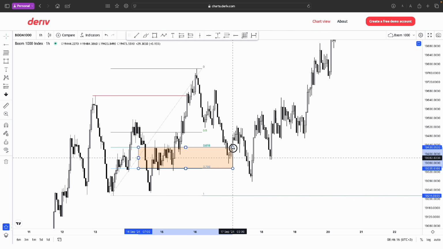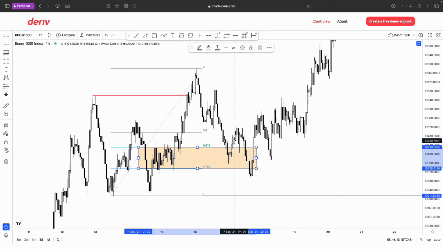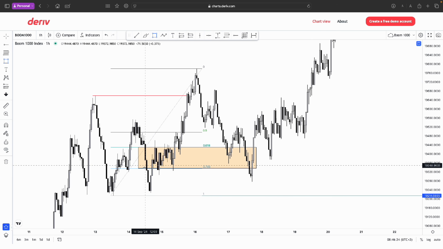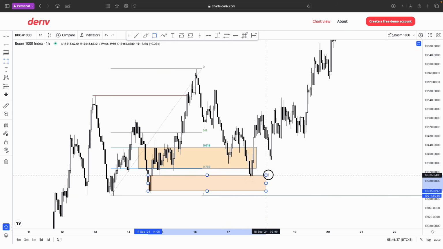So price reacted from there, broke down, broke back up, and what's resting above it, you see there's a nice 1 hour fair value gap plus an order block. So what I did, I literally just marked out this whole candle here because there's an order block and a fair value gap.